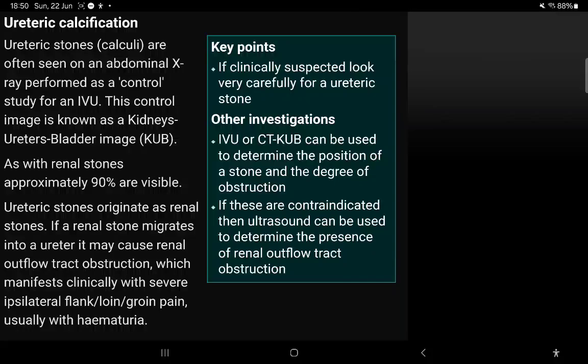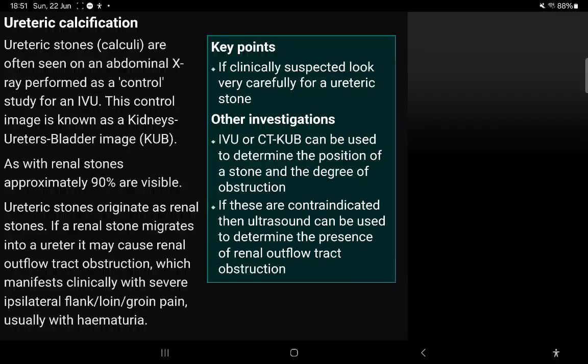If a renal stone migrates into the ureter, it may cause renal outflow tract obstruction, which manifests clinically with severe ipsilateral flank or loin to groin pain, usually with hematuria, because when the ureteric stone descends, it can cause injury within the layer covering the ureters.